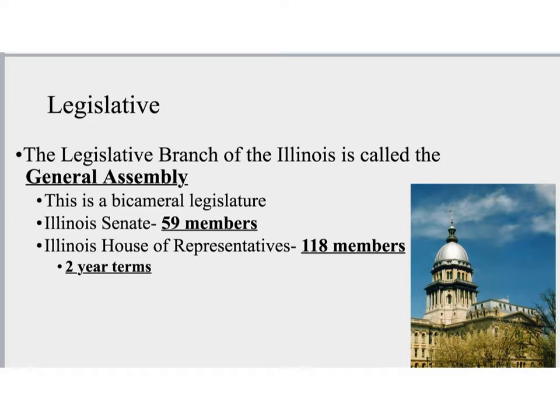It is also a bicameral legislature with the Senate containing 59 members and the House of Representatives having 118 members. Much like our House of Representatives in the federal system, the House of Representative members serve a 2-year term.